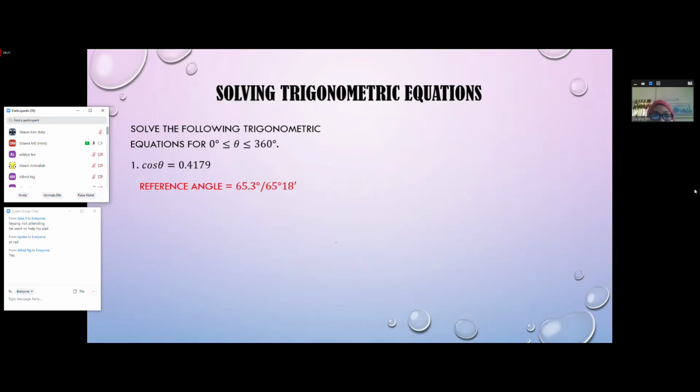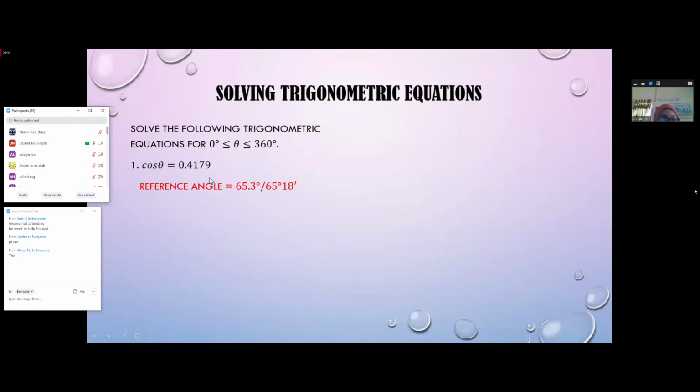You can also use degrees and minutes, 65 degrees and 80 minutes. Both answers are acceptable, but I prefer decimal numbers, so for the next step, all in decimal. So that is the reference angle.